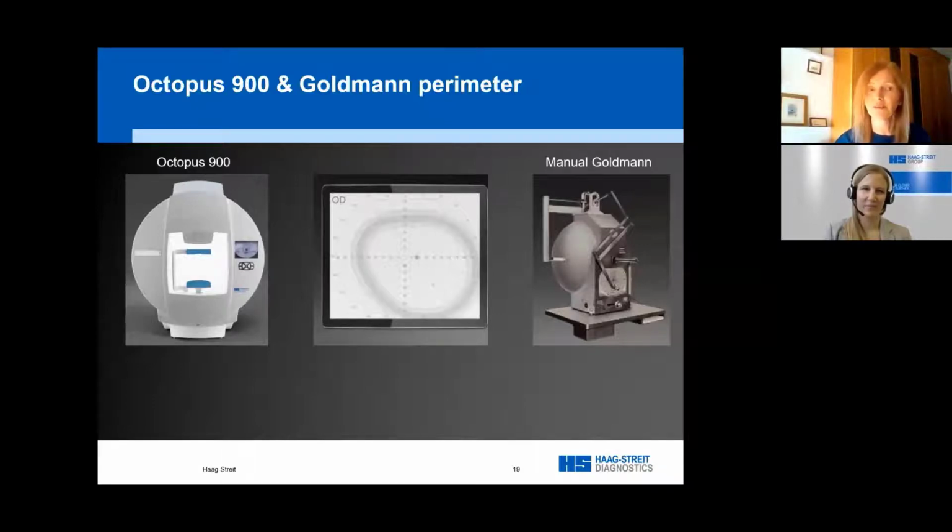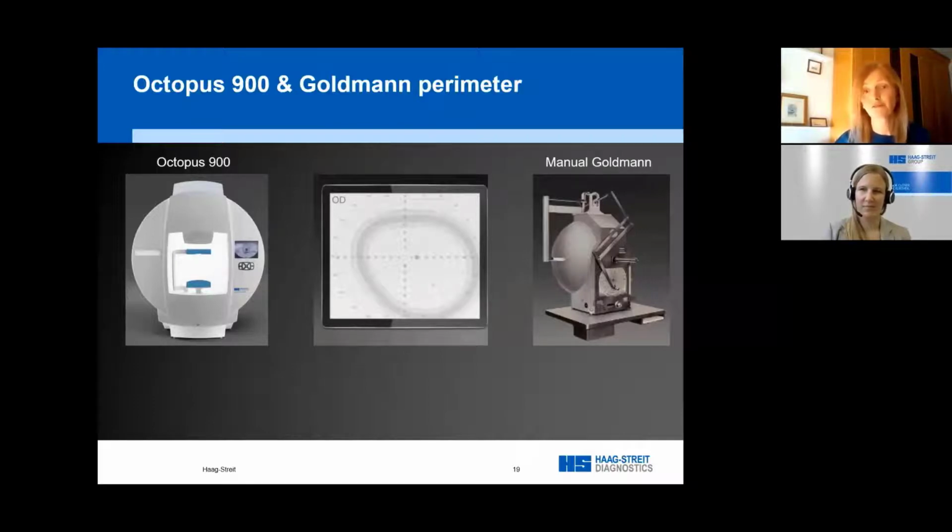And there's some nice features on the Octopus. So for another example, it's easy to log repeat vectors without having to delete previous vectors. You can add catch trials very, very easily. You've got the reaction time compensation, which we've mentioned earlier. And the screen shows underlays for the expected age-matched normative values.